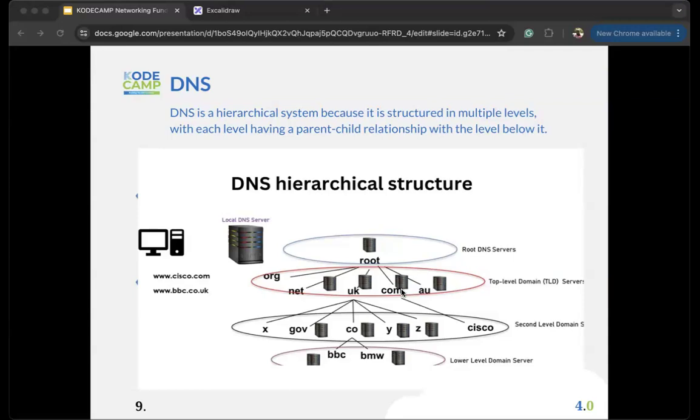So that's the hierarchical breakdown of the name from the .com to the second level, if there be .co, or to the authoritative name of your server, Cisco or malco.com, and it breaks that down and finally resolves it to the main IP of your server. That's how the DNS flow works with a hierarchical structure.